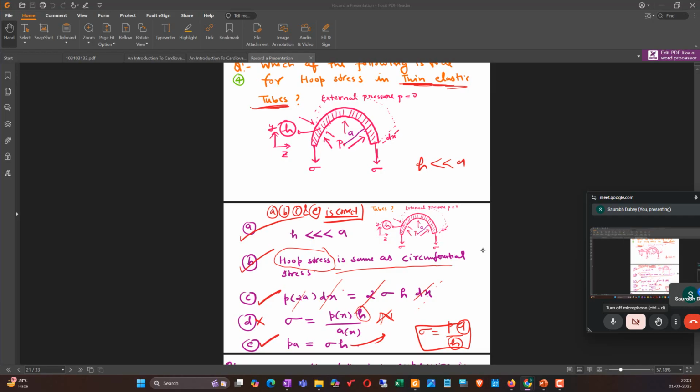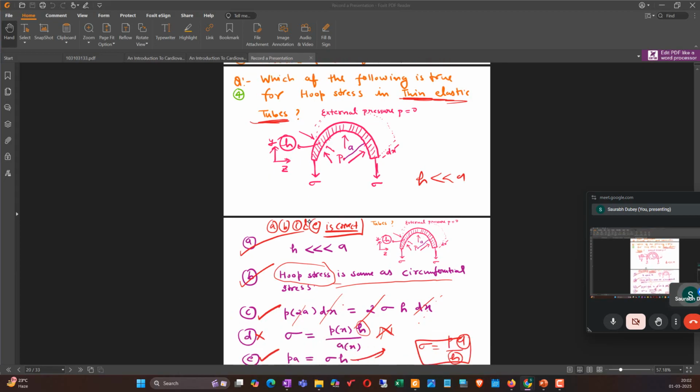There was some derivation, the balance of the force in this lateral direction, so dx into 2a, this is area into p, which will be balanced by the hoop stress part, and subsequently it will give you rho equals p into a divided by h, right? So this was straightforward. A, B, C, and E was the correct answer for the same.